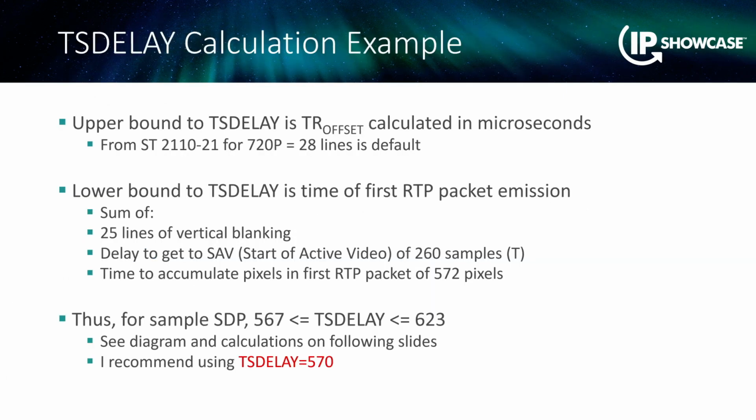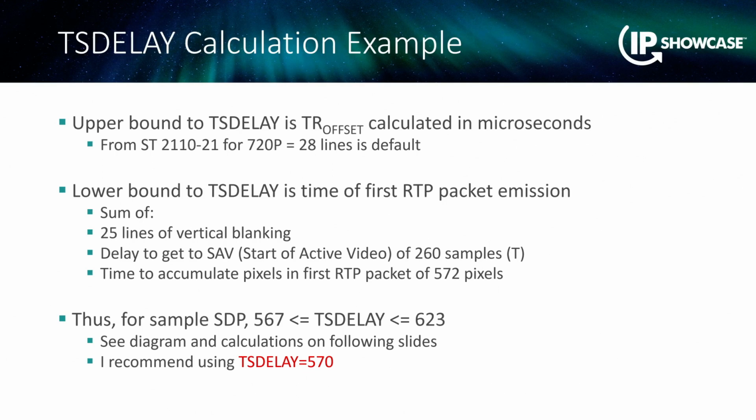So just to give you a quick example of how TSDELAY is calculated, there's an upper bound and a lower bound to when packets have to leave a sender to comply with 2110-21, okay? And so the upper limit, the latest that you can start sending packets is equivalent to a time of 28 lines of video.